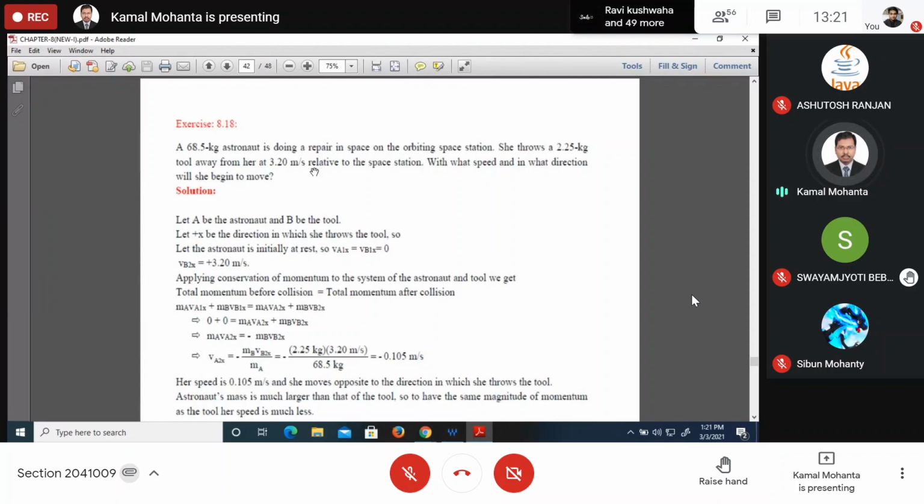With what speed and in what direction will she begin to move? Write whatever conservation of momentum formula you apply, then solve it and get the answer.